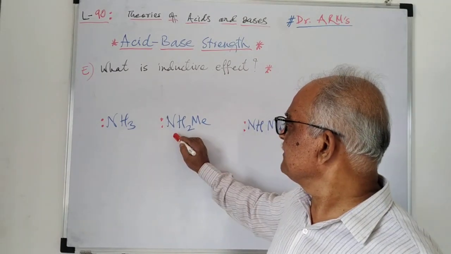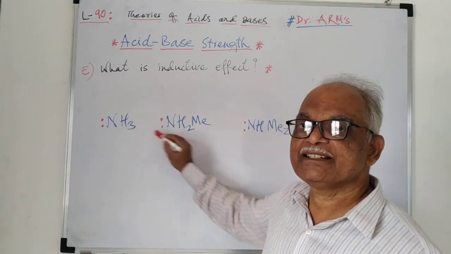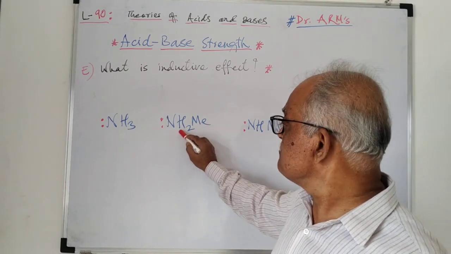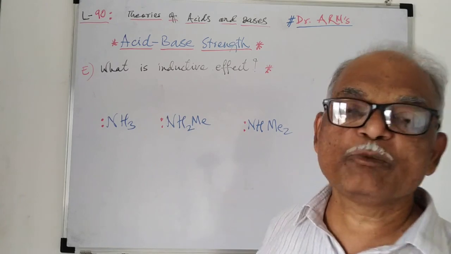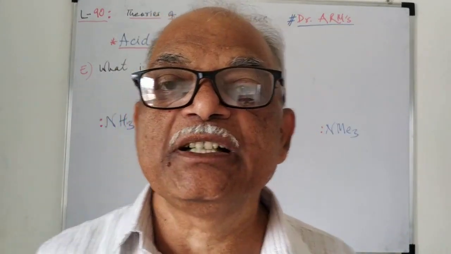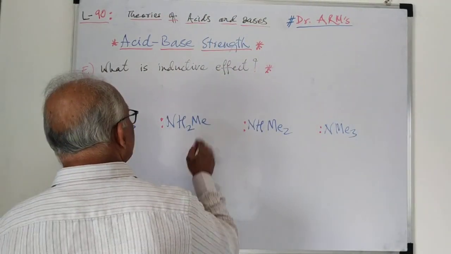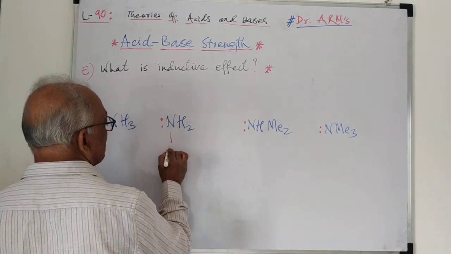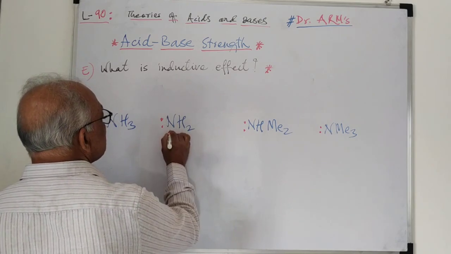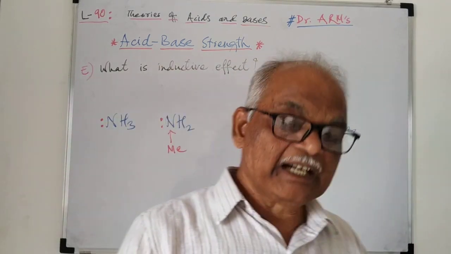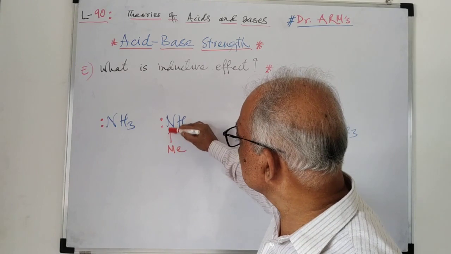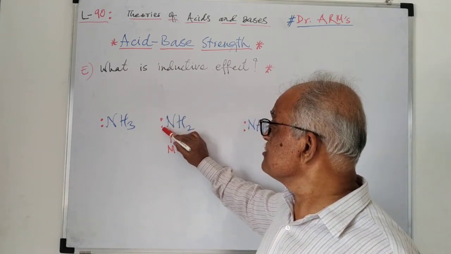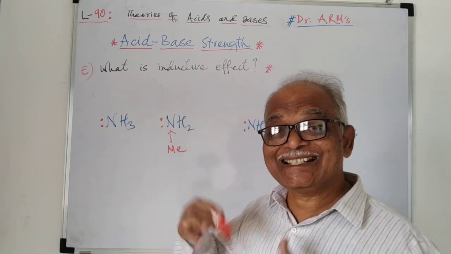Compared to this, if we take this example, the hydrogens are like this, but there is a methyl group or alkyl group. Compared to hydrogens, the methyl group is an electron supplying group. Me will supply electron density, meaning the bond pair is moving towards nitrogen, as a result of which the electron donating ability of nitrogen increases.